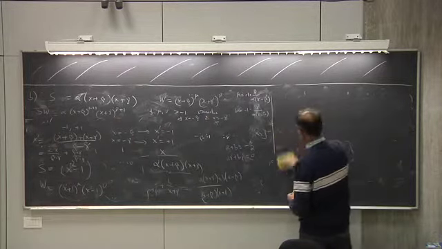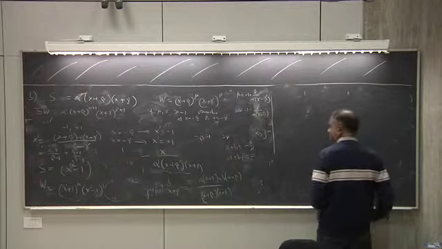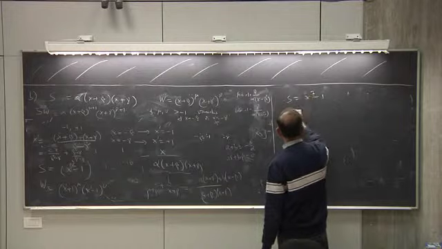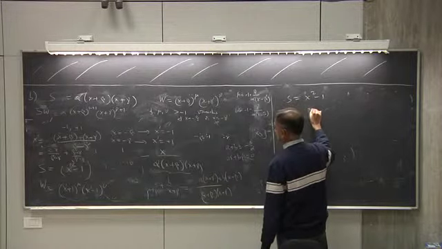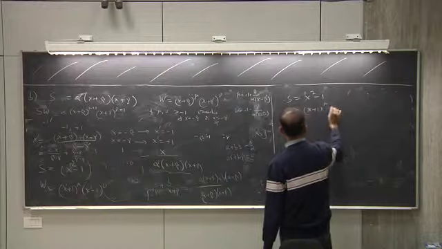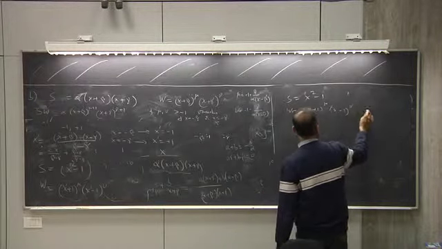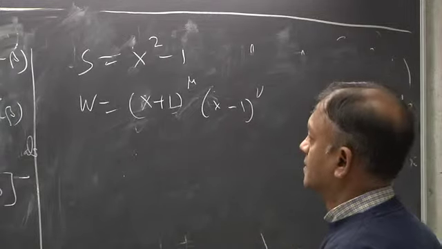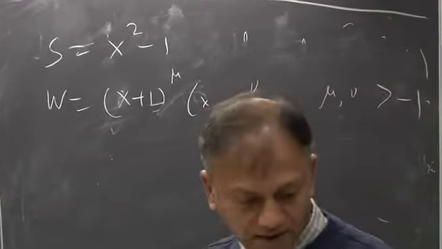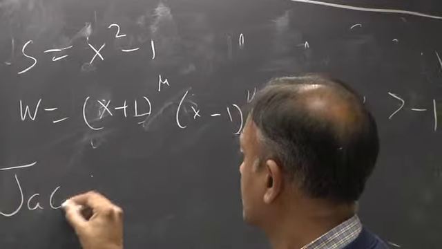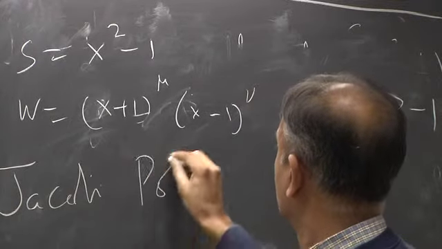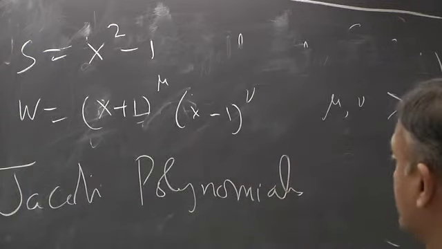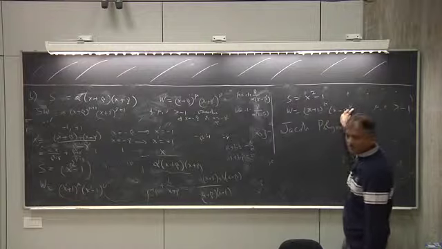So the last category: we take S equal to x square minus 1, W is x plus 1 to the mu, x minus 1 to the nu, with the condition mu and nu greater than minus 1. And that's it. This defines what are called Jacobi polynomials. You see there are two parameters now, not just one parameter.